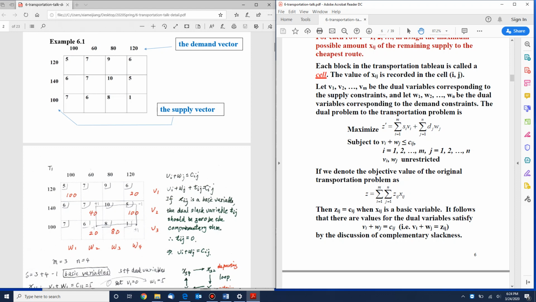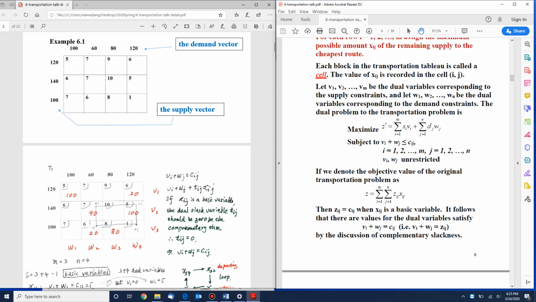So when zij equals cij, xij is a basic variable. So we know the corresponding constraint in the dual problem should be Vi plus Wj less than or equal to Cij. You look at the green corner on the left in the middle. We add a slack variable Tij into these constraints.